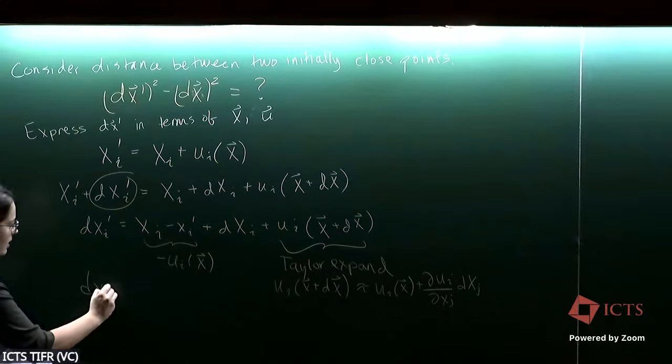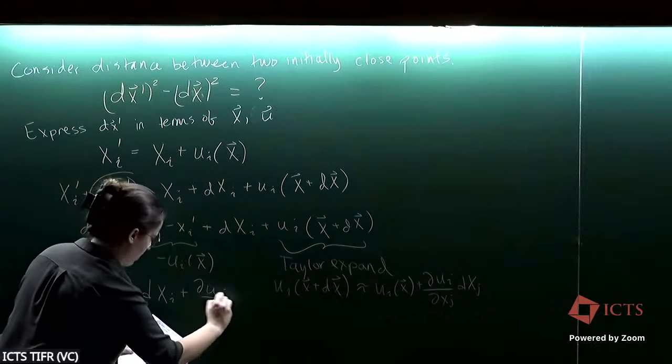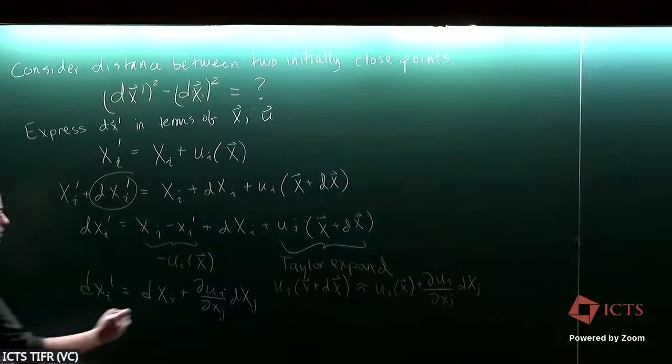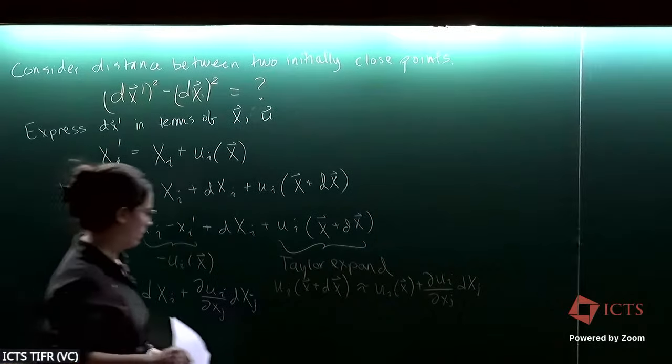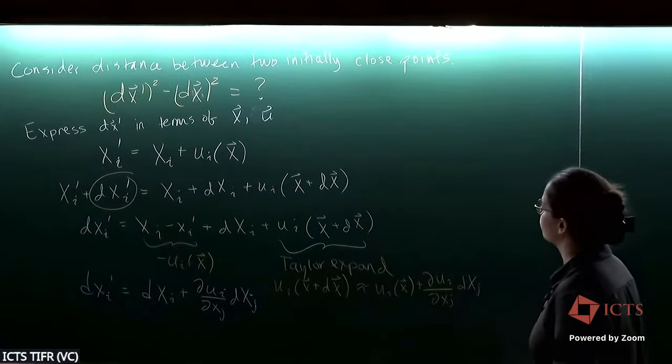And we have dx_i' equal to dx_i plus partial u_i partial x_j dx_j. This was all our prerequisite work. I haven't yet written down the final expression. All I've done is figure out a nice way to represent dx' in terms of the quantities we want.